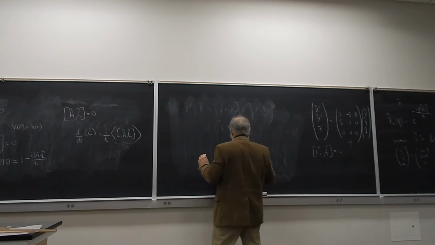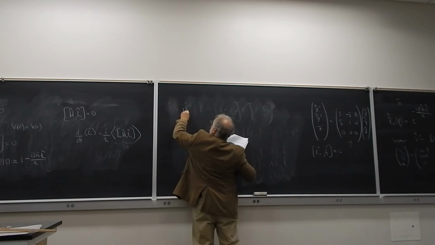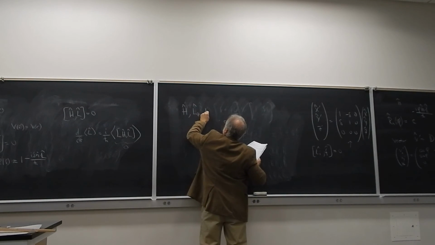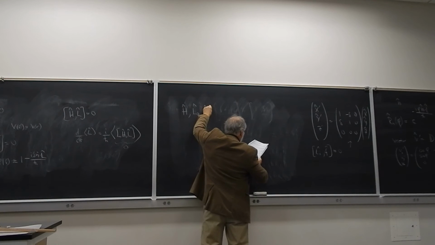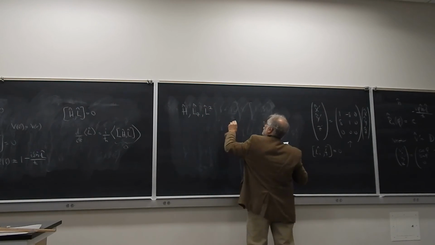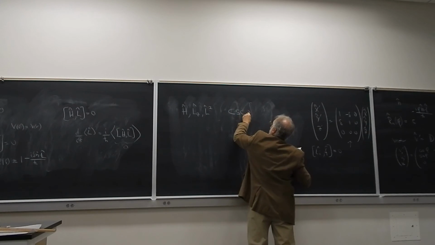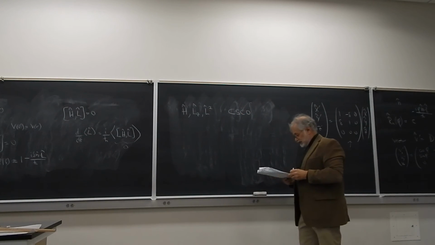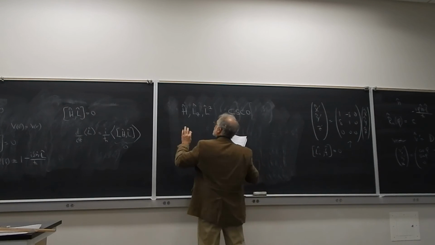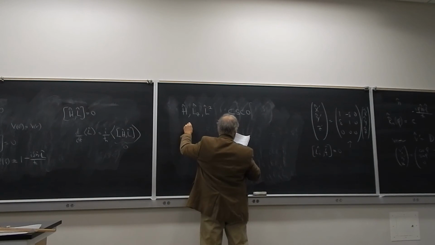So what we get from this is that my Hamiltonian, my L_z operator, and my L squared operator form a complete set of commuting observables for bound states with a central potential.